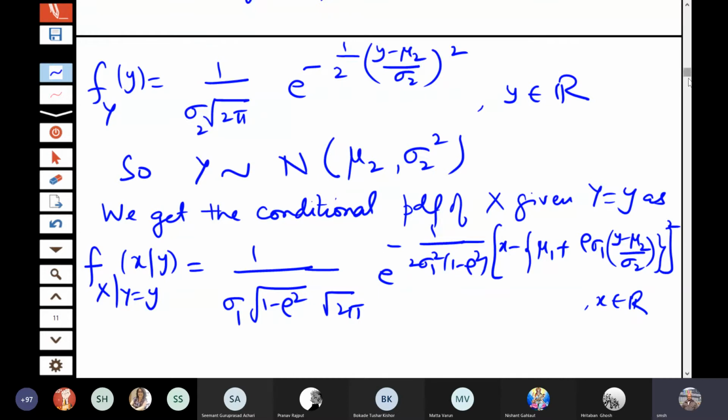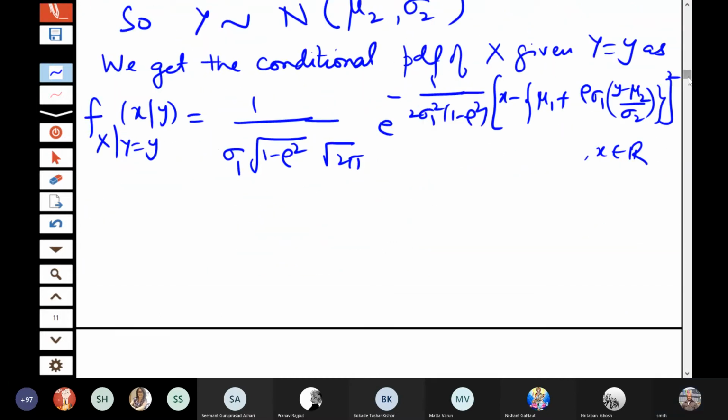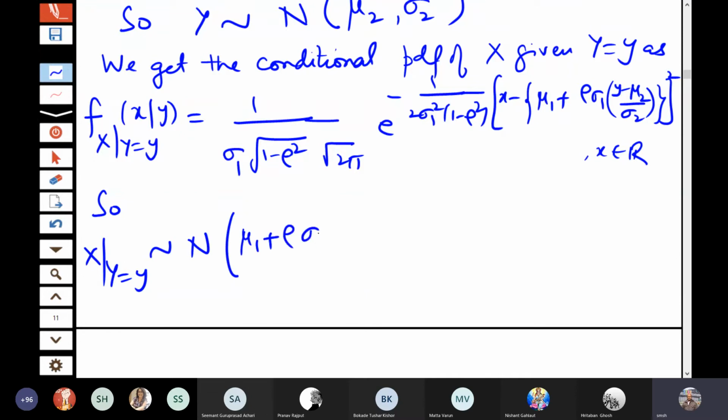That is, the conditional distribution of x given y is also univariate normal with mean mu 1 plus rho sigma 1 (y minus mu 2) by sigma 2 and variance sigma 1 square into 1 minus rho square.